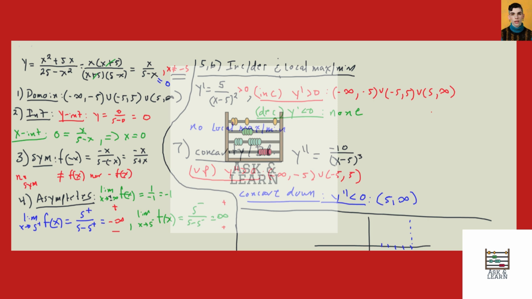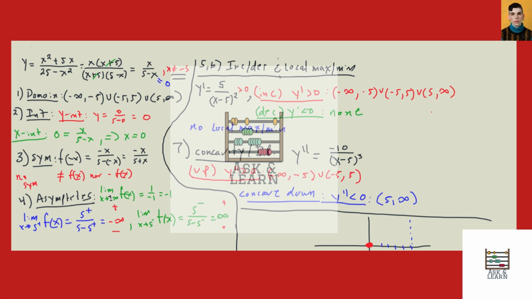Now let's plot our intercept, which is going to be 0, 0. So we know we have no symmetry about this function. We know we have no local min or maxes, and we also know we're going to have no points of inflection.